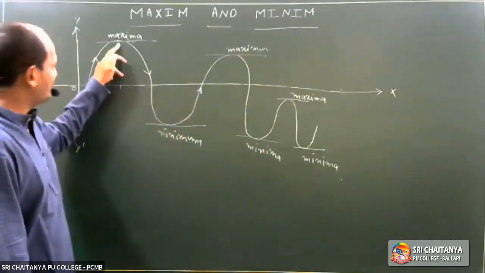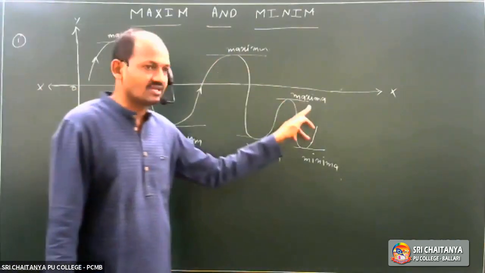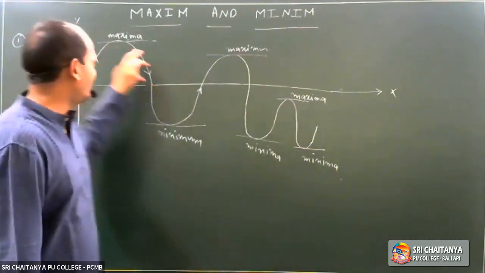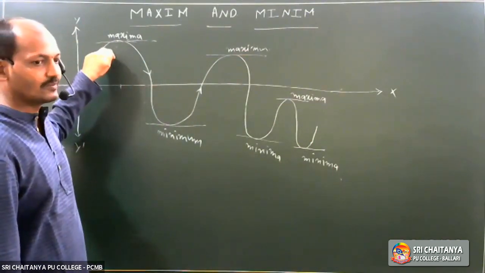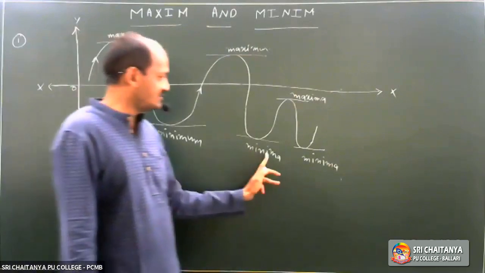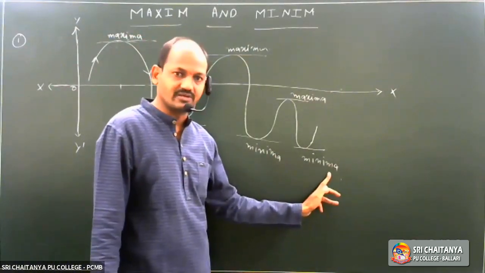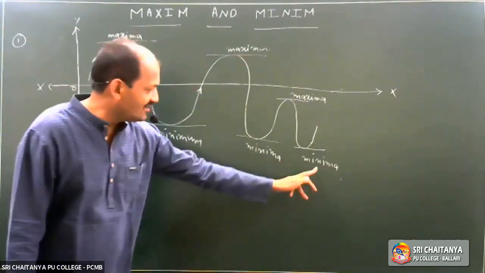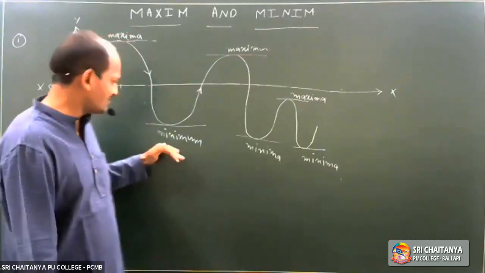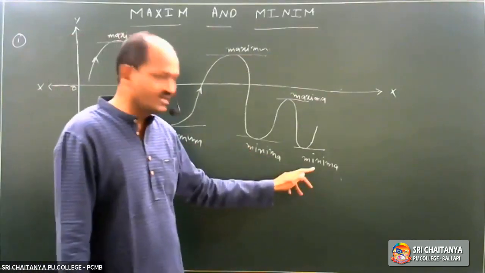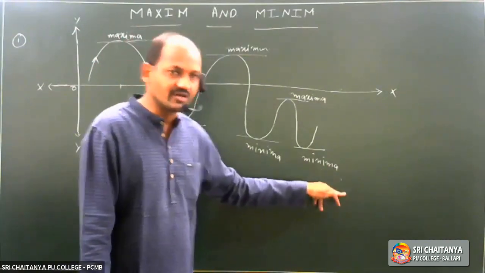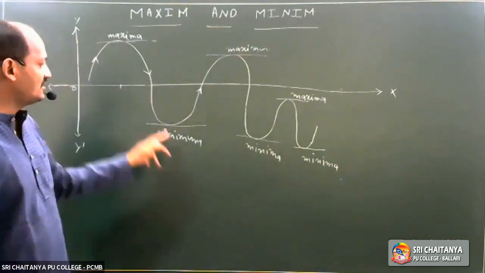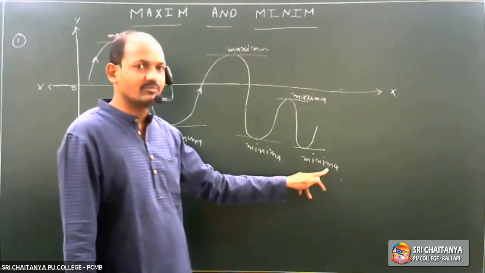It is also a minimum, but it is the least value. It is called absolute minima. It is absolute maxima, it is absolute minimum.